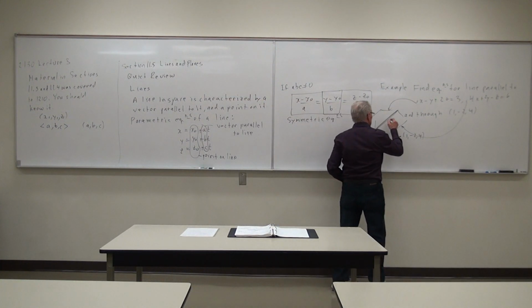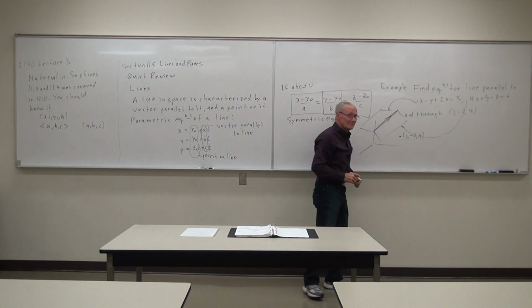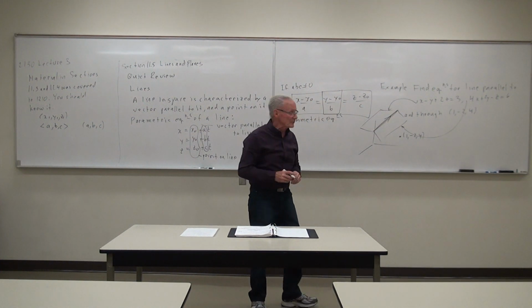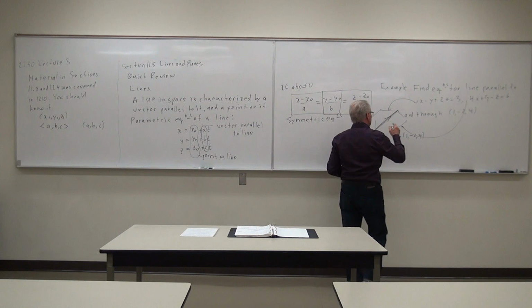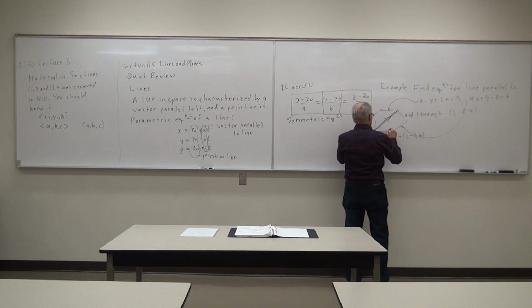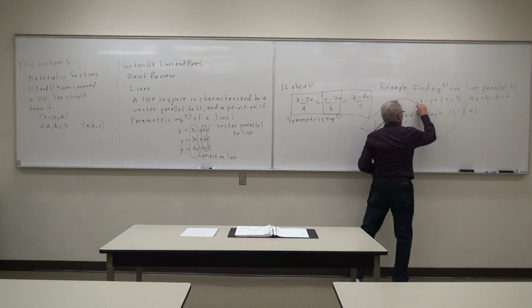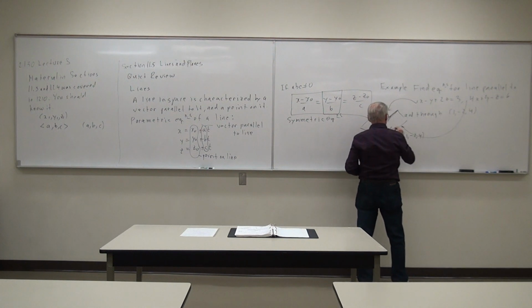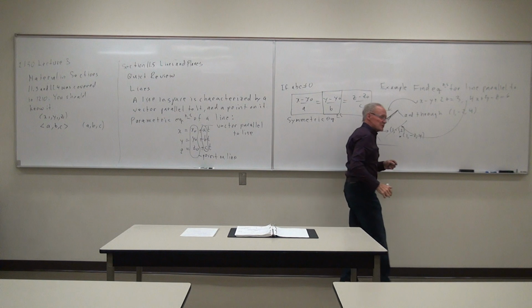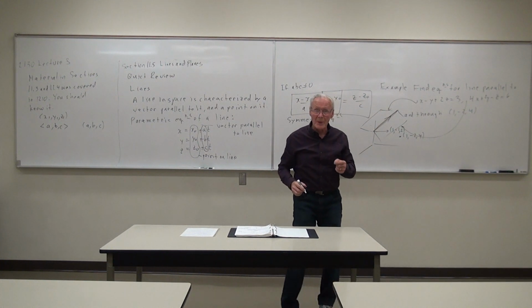Well, how do we find a vector along this line? What you did in 1210, you said, a vector perpendicular to this plane is (1, -1, 2). The coefficients constitute a vector perpendicular to that plane.